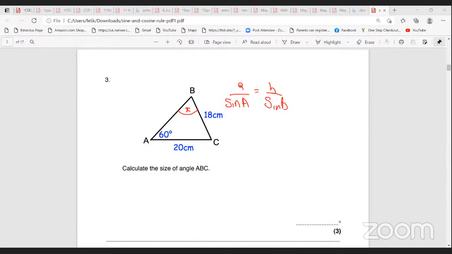Match the side to the angle that you're trying to find. And then match the next angle that you have with the corresponding side. That's it. Do it on screen, Marlon.